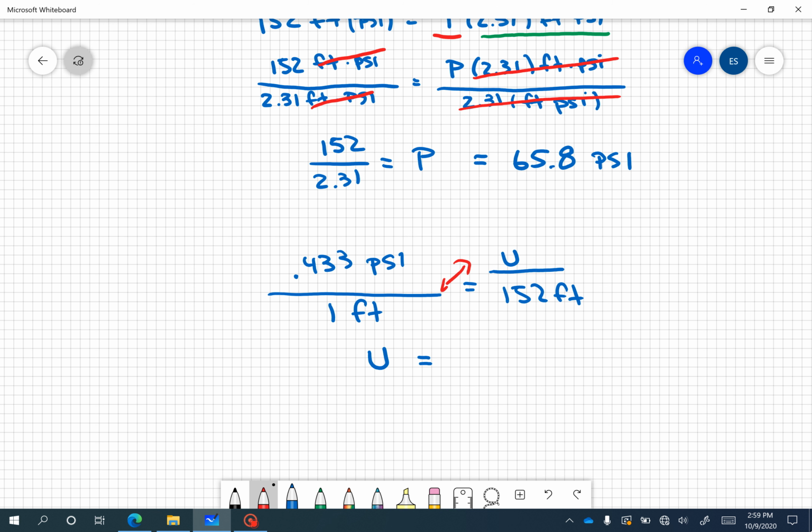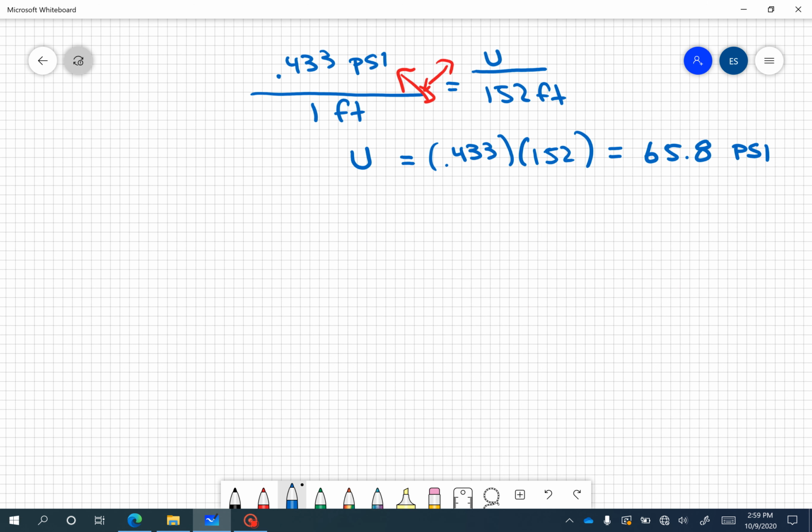And then if we cross multiply 0.433 times 152, multiply that out, 0.433 times 152 equals 65.8 PSI. So that is how you do problem number 1.